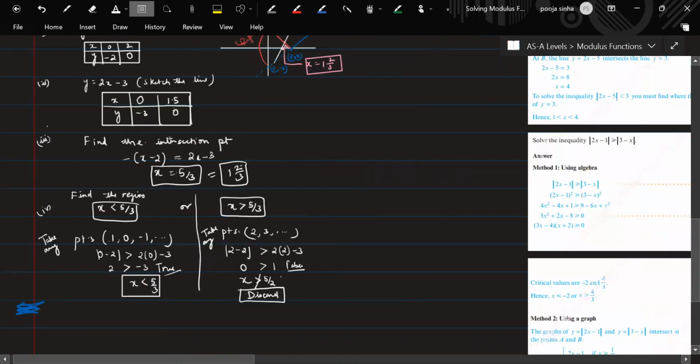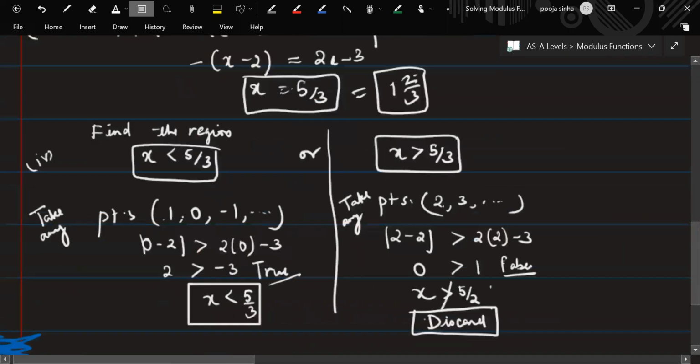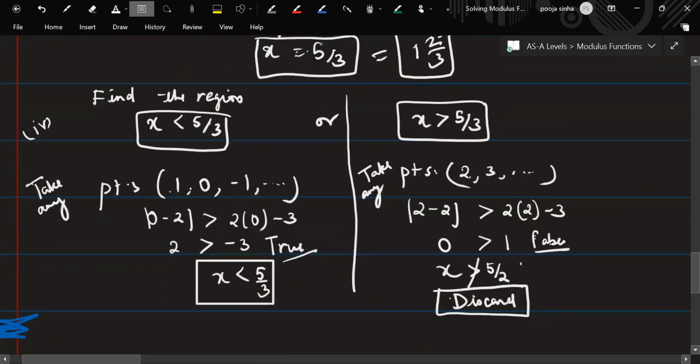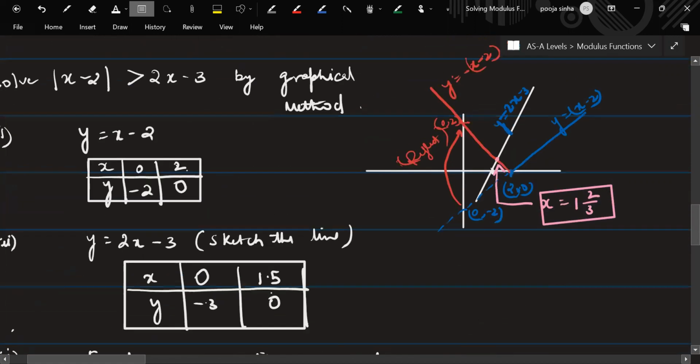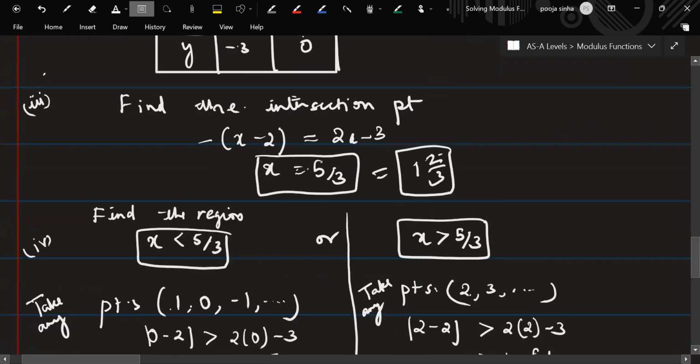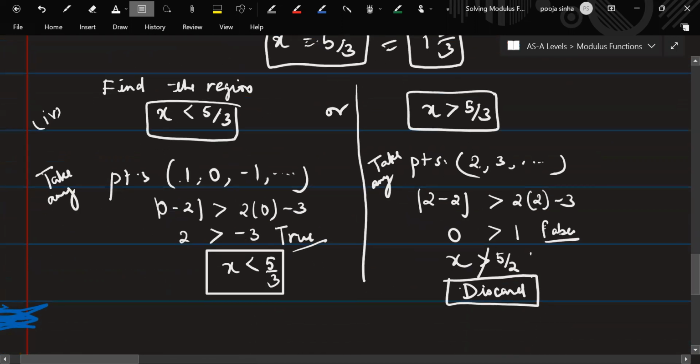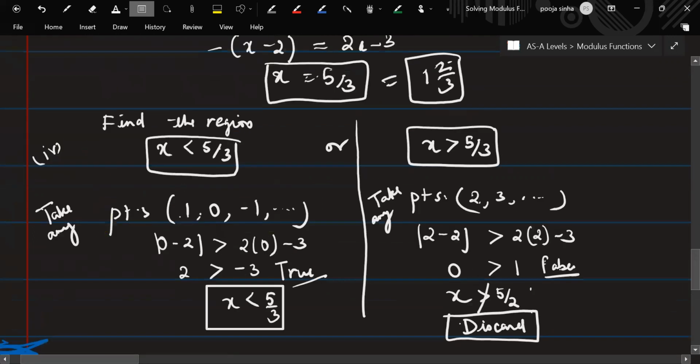So how do you find the inequality? We need to find out whether this region is on the left side of this point or this side of this point. How we used to find out? The best way would be, you have to take any point which is less than 5 by 3, the 2 upon 3 that we got, right?